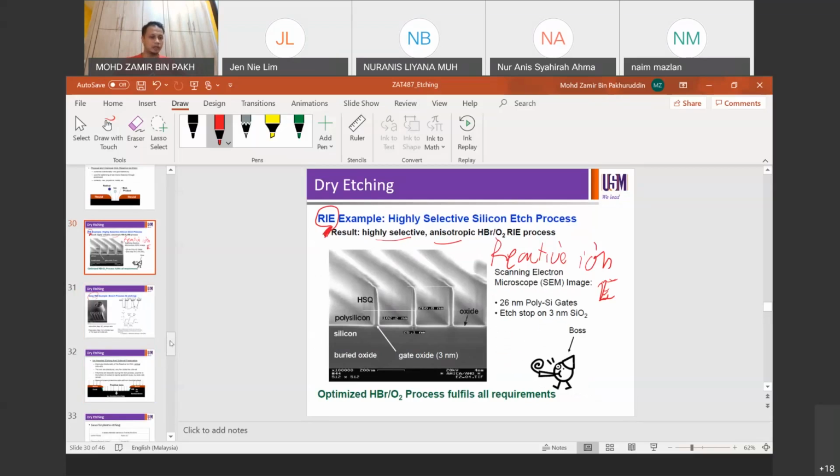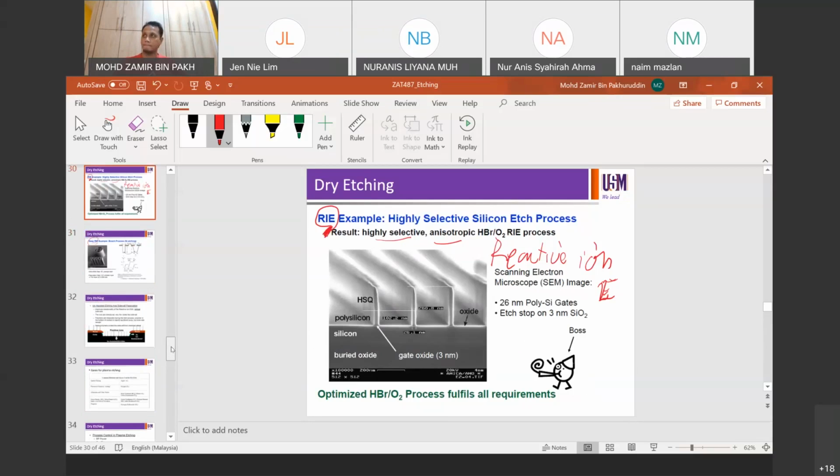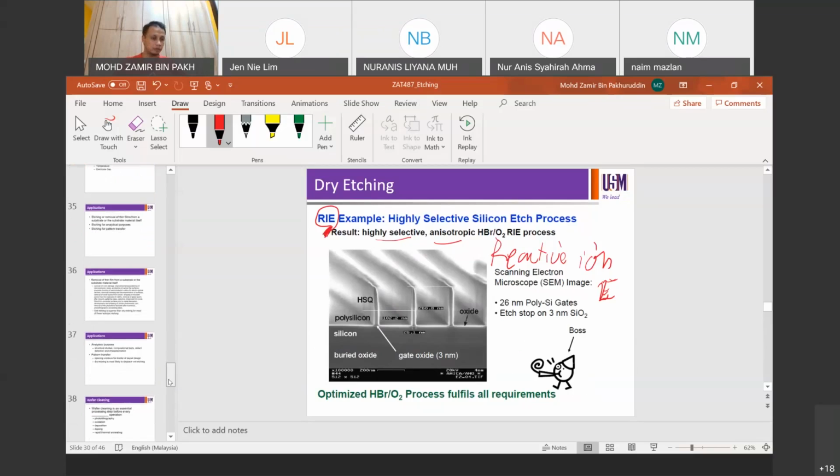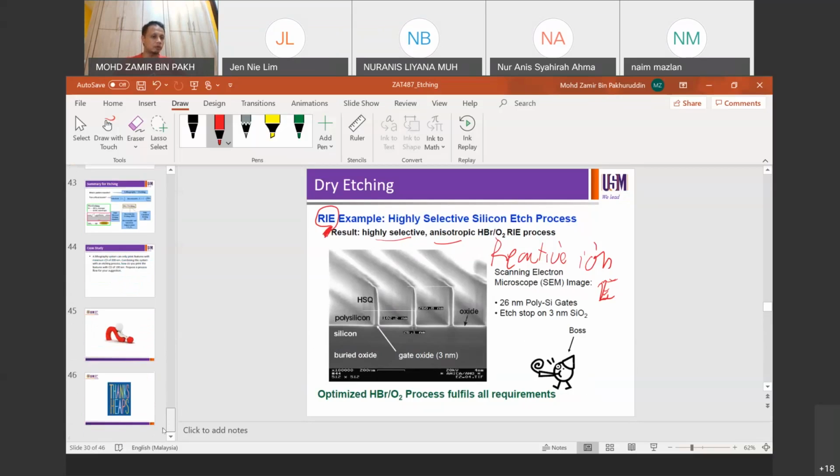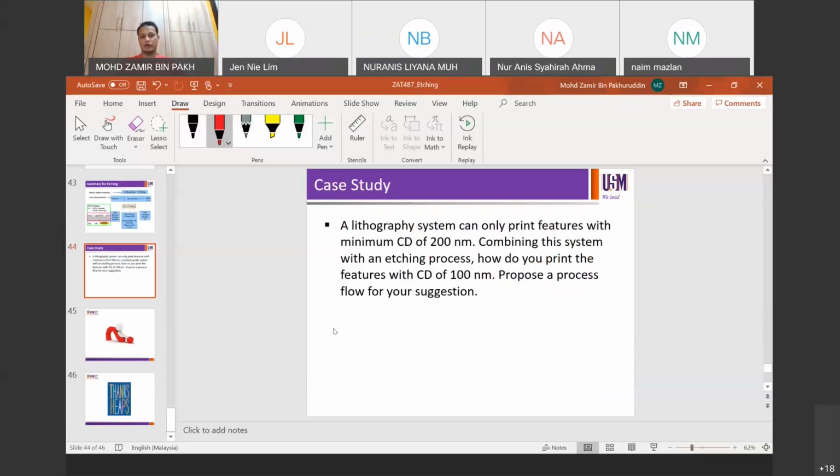It's 2:50. So we're gonna continue with the rest of the etching tomorrow. We're gonna finish with etching. And then I want you to have a look at this case study on page 44. Okay, page 44 ni on the lithography capability in combination with etching.